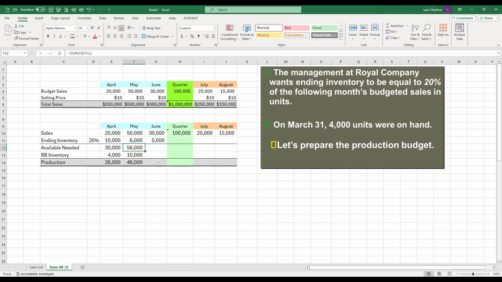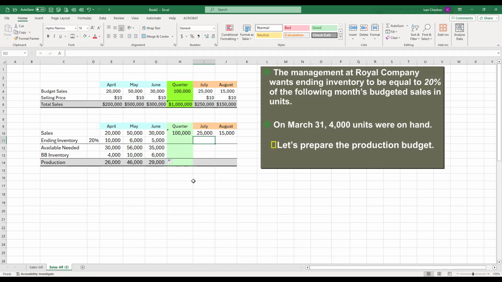In total, I need 35,000. But I already have, how much is my inventory in May? 6,000. So how many do I need to produce? 29,000. Okay.